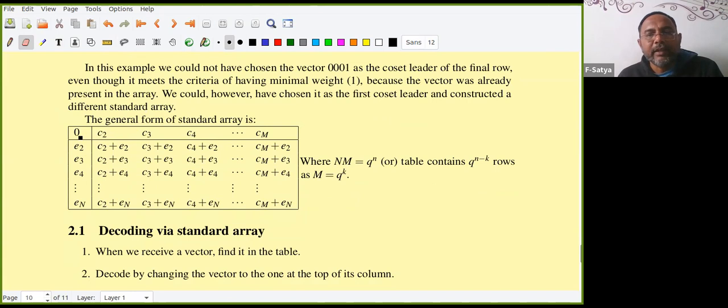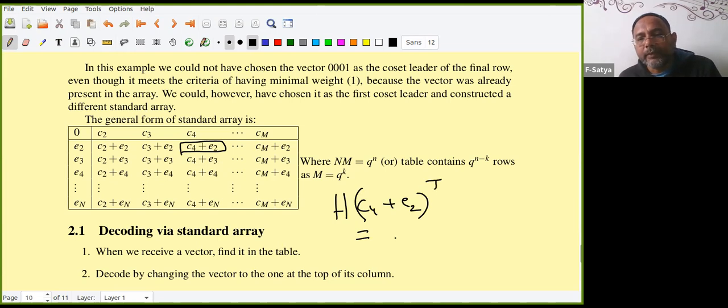We'll see what that is in the next class, when I will explain again. For example, you are now multiplying C4 plus E2. What is the error I get? Of course, it is H C4 transpose plus H E4 transpose, correct? But what is this quantity?